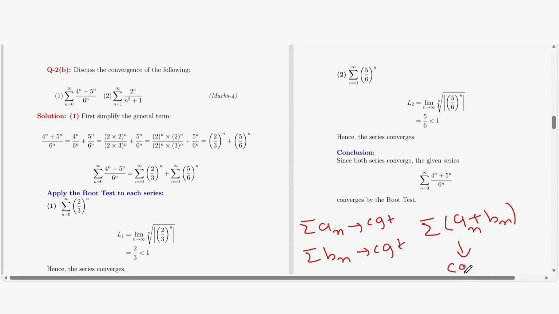So use this property. This series converges and this series converges, so the sum of the series also converges. So what is the conclusion? Since both series converge, the given series converges by the root test.